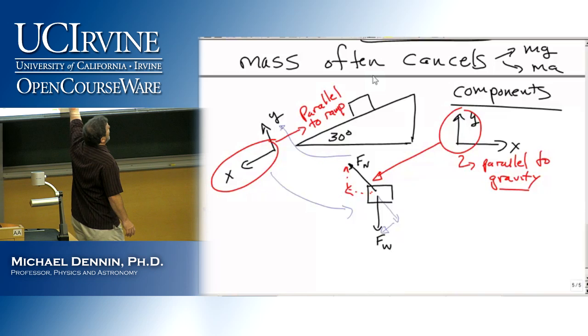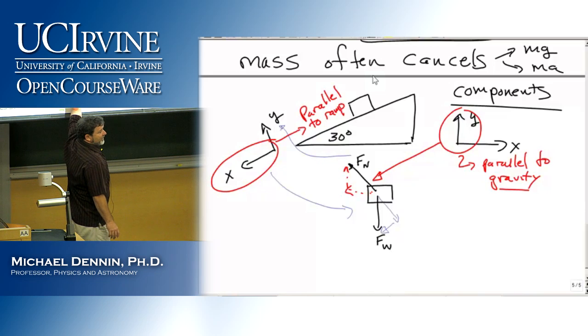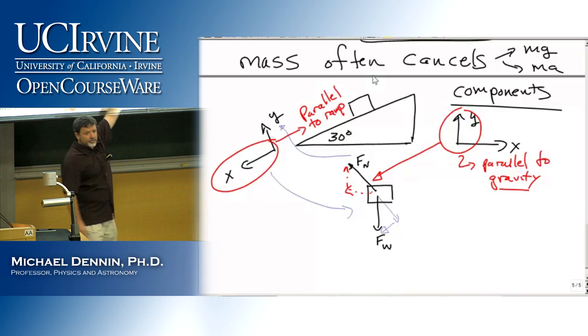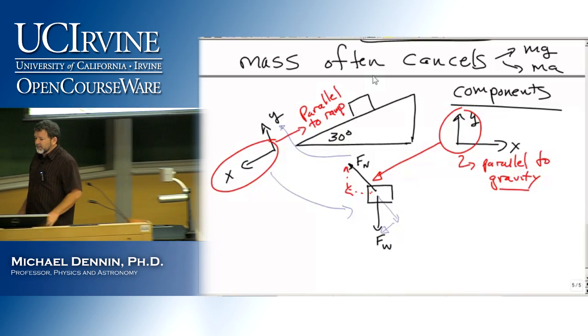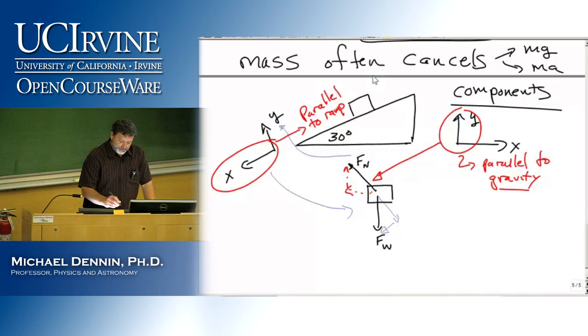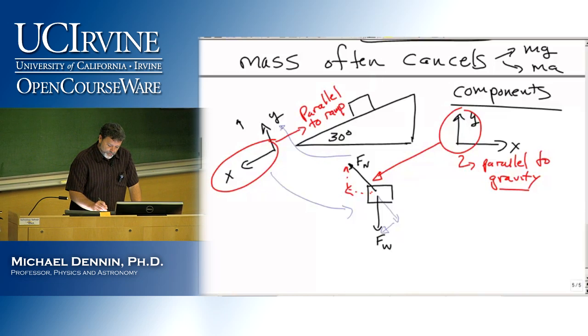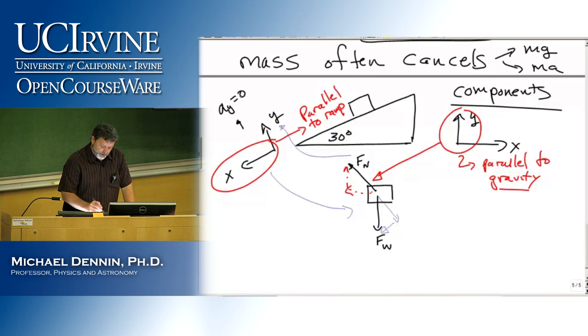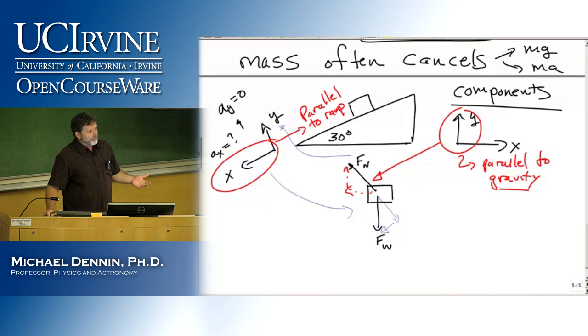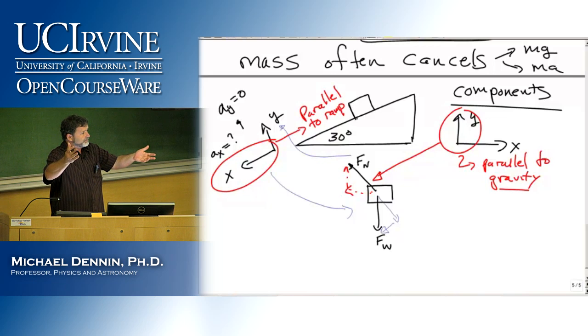Roughly 80% of the time you will find myself and the TAs using this coordinate system. Why do we mostly use it? Because most of the time, if I look at the acceleration in this coordinate system, AY equals 0 and AX equals something. Maybe 0, maybe not. But we very rarely have the block coming off the ramp.